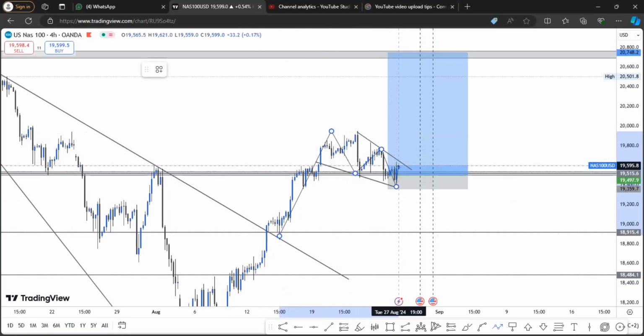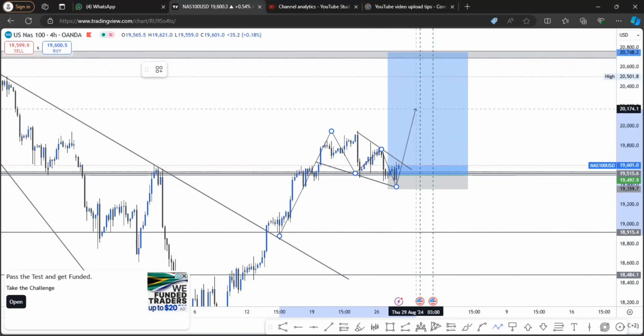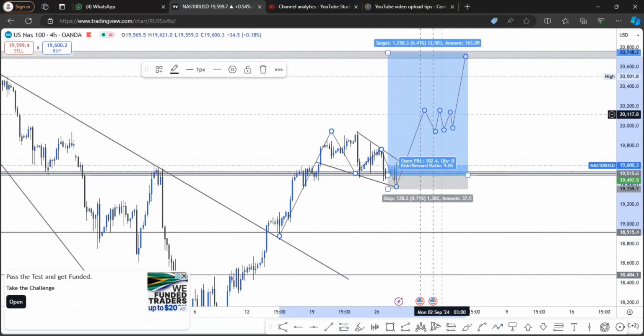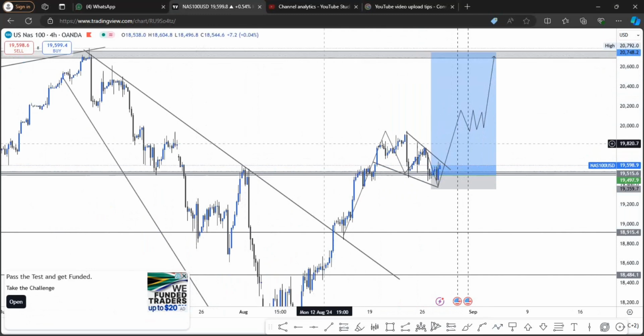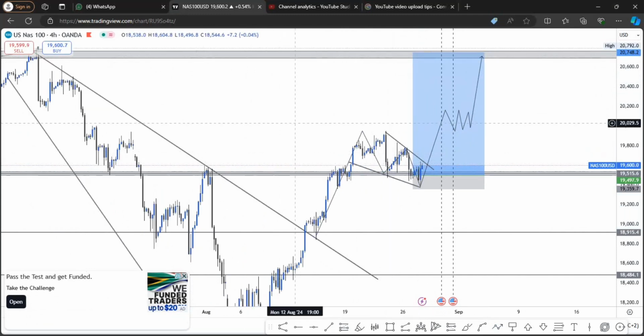So we expect the market to give us another impulsive move to the upside, then another correction to come out again somewhere at that certain point to the upside until it finishes its 90%. So from there we can move to the 1-hour time frame.